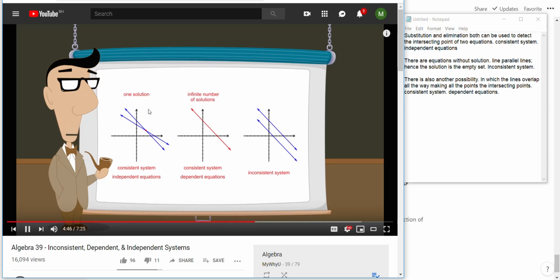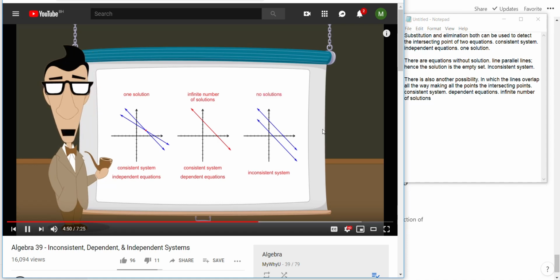And inconsistent systems have no solutions. We can quickly determine which type of solutions we should expect by writing the equations in slope-intercept form.